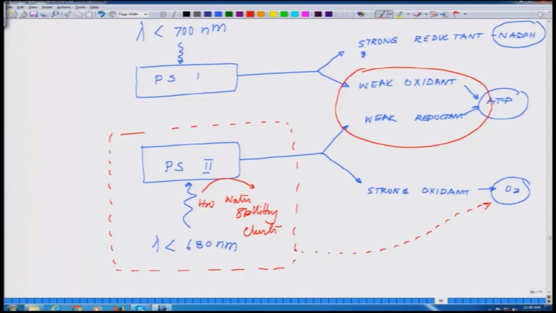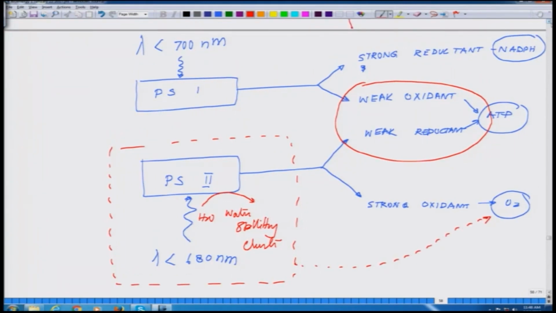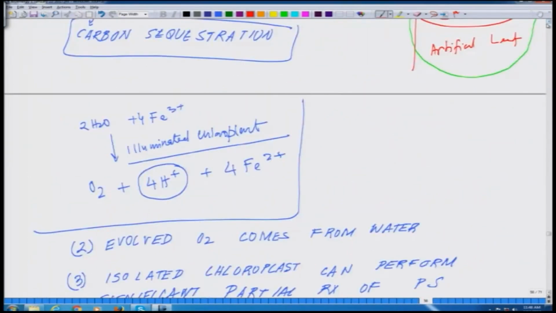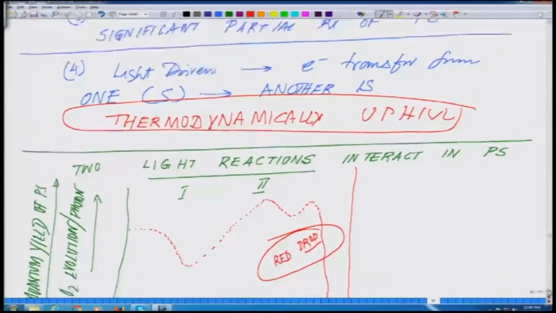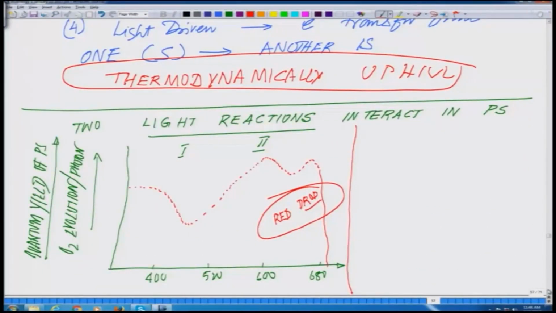Now, if you see the previous red drop graph, you observe how you are quantifying. You are quantifying based on oxygen evolution. So, beyond 680, the oxygen evolution is going to go down, there will be a red drop.